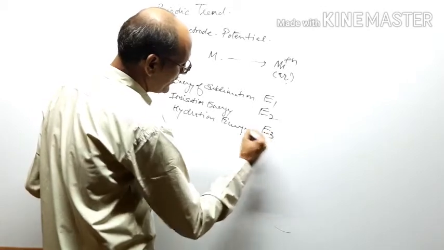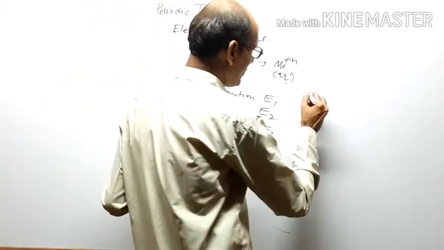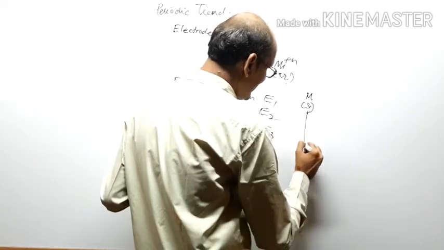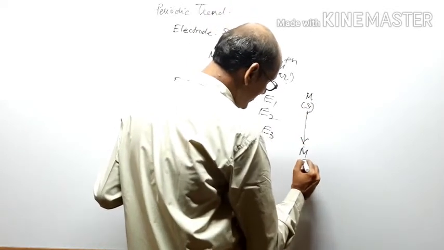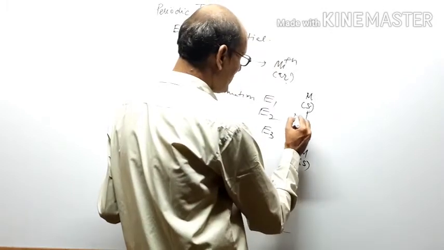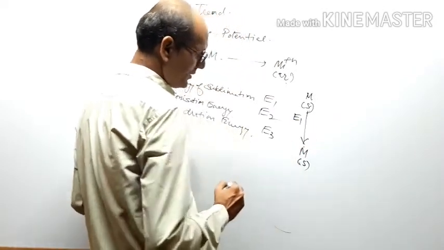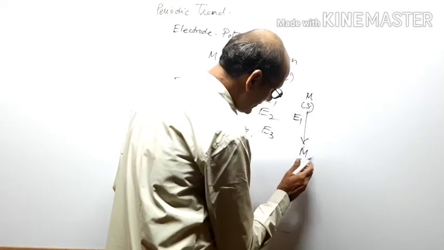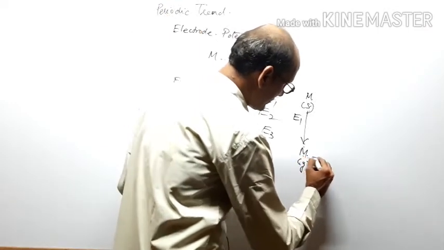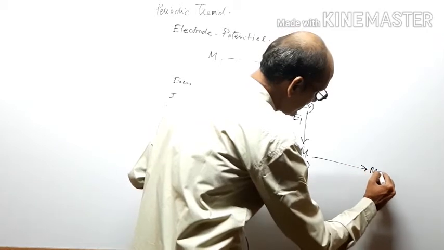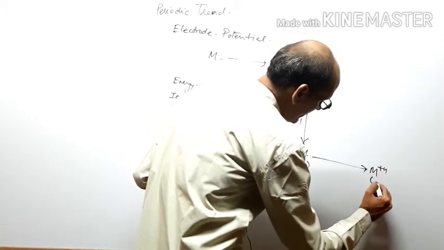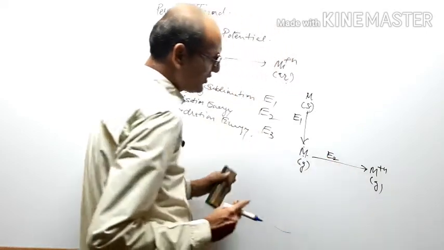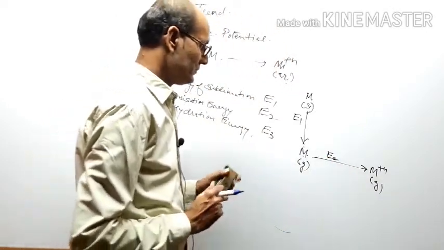That's mean E3. Suppose you are taking any solid metal. One energy is required to convert it into gas. This energy is called energy of sublimation. Then second energy, from gaseous atom to gaseous ion, is energy 2, that will be called ionization enthalpy.